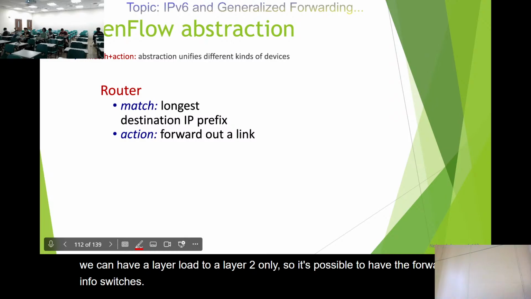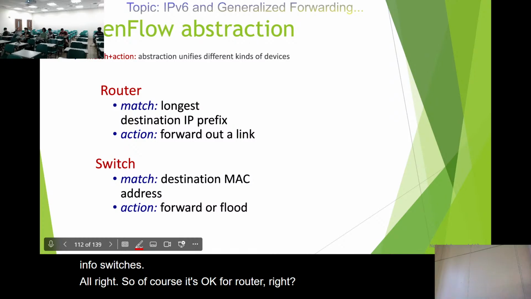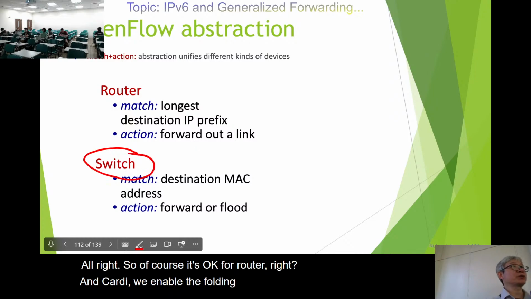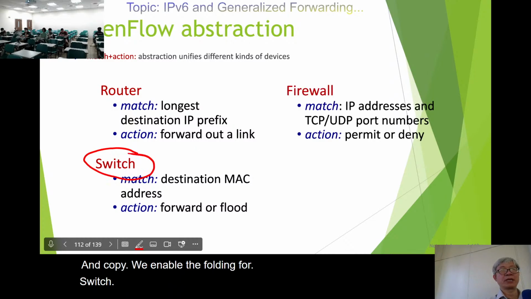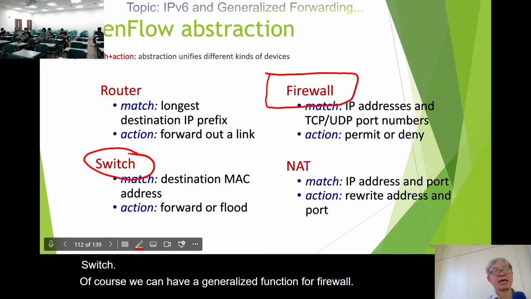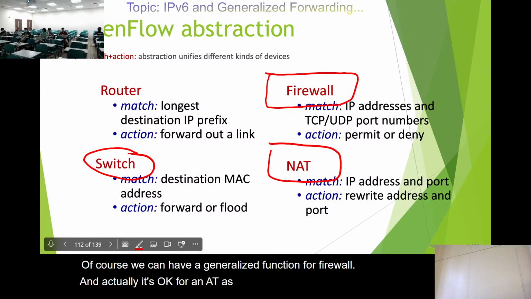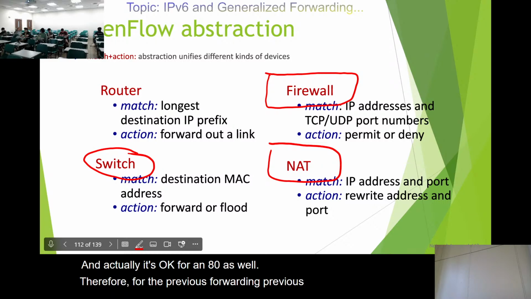All right. So of course, it's okay for the router, right? And currently, we enable the forwarding for the switch. And of course, we can have a generalized function for the firewall. And actually, it's okay for NAT as well. Therefore, the previous forwarding we think was only for the router.